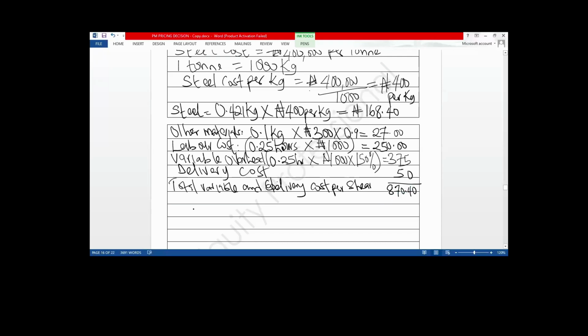Then to get our selling price, we are going to add a markup. What is the markup currently being used? 30%.